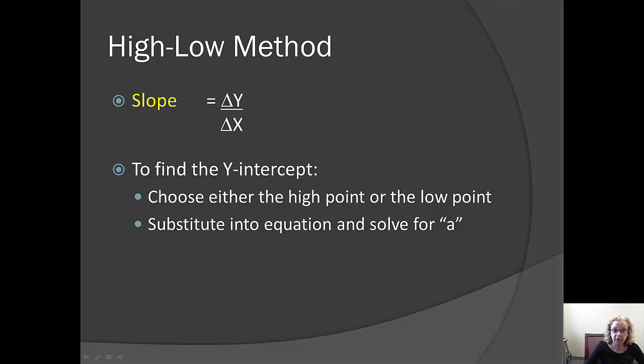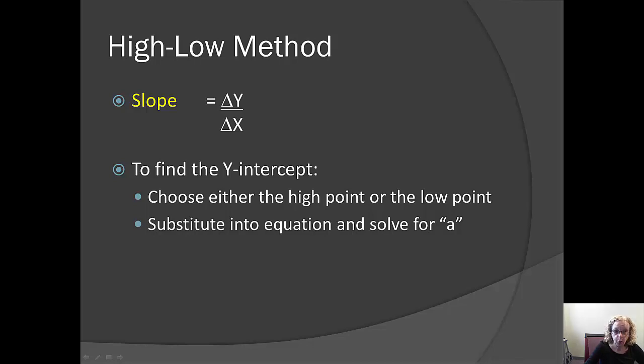The formula for the slope of a straight line is the change in Y over the change in X. So let's figure out the slope of the cost line for Charlene's computers.